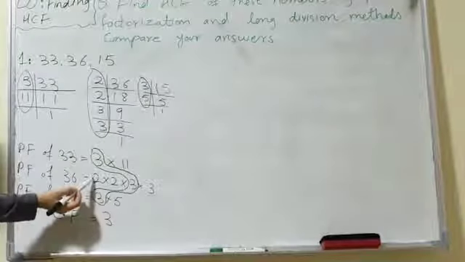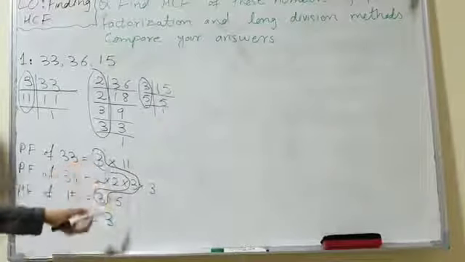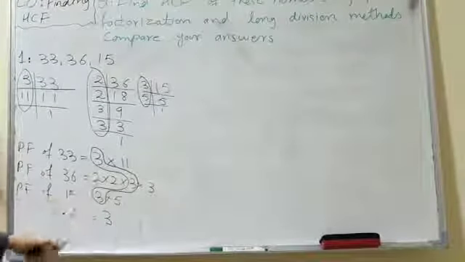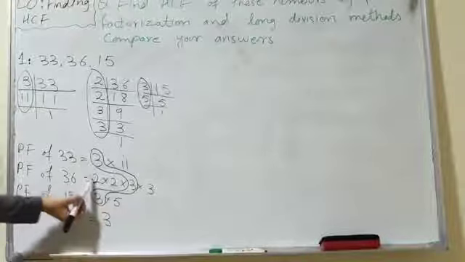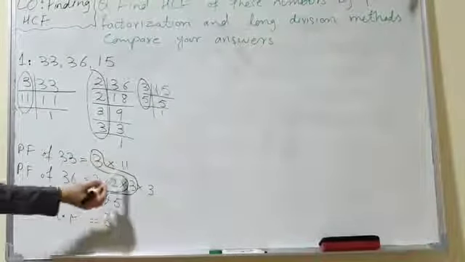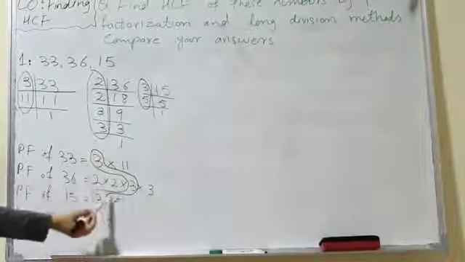As you can see, the 2 is appearing here, but not here, not here. 11 comes 1 time, 5 is also 1 time. So 2 is not common, 5 is not common, 11 is not common. Only the 3 is common, only one time. So the common factor is 3, and this will be your HCF. By prime factorization, we have found the HCF is 3.